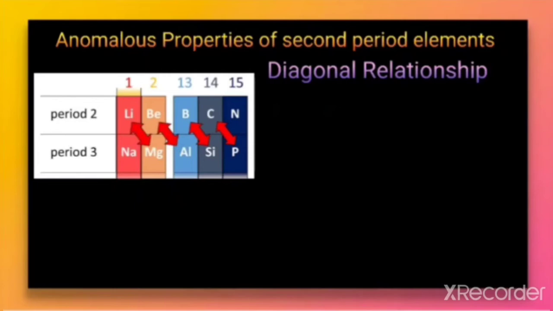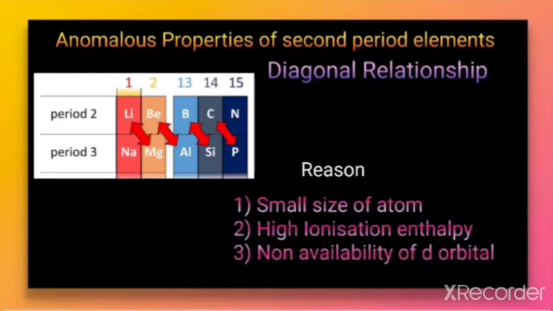The diagonal relationship is due to the following reasons. The first member is smaller in size with respect to its own group members, and has high ionization enthalpy because of the non-availability of d orbitals. These three important points make the first member differ from its own group members, but show similarity to its diagonal element.